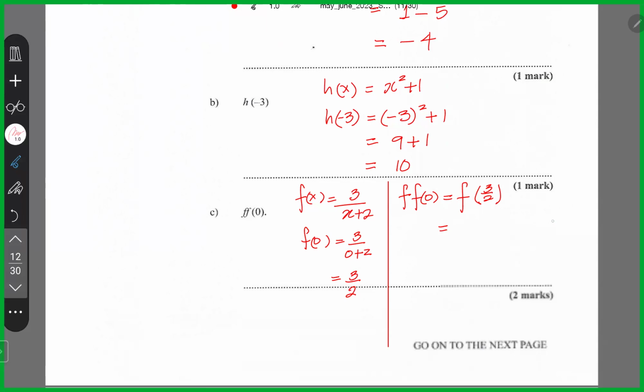And f of 3 over 2 is saying in x, wherever I see x, I must put 3 over 2. So this is 3 over 2 plus 2.